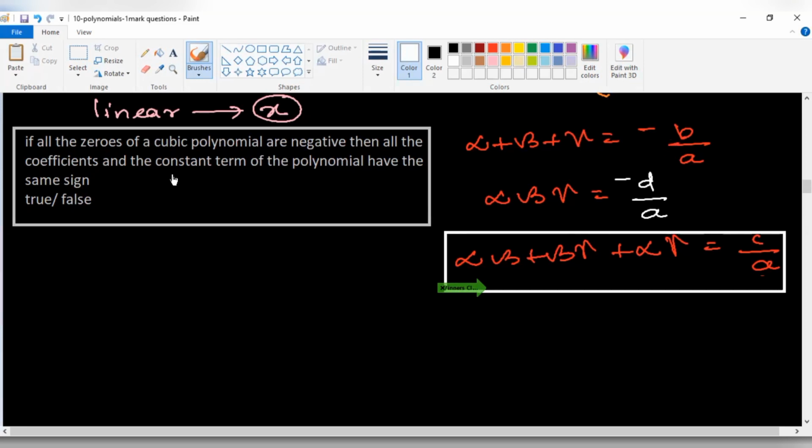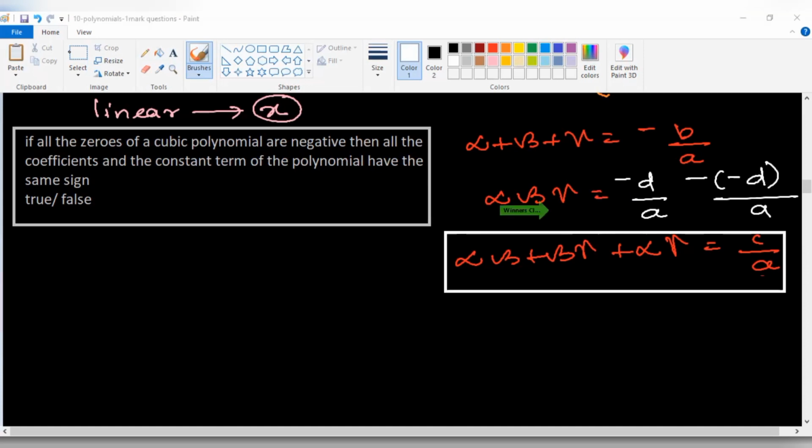That means if all of them are negative, then all the coefficients and constant terms of the polynomial have the same sign, right? Otherwise this negative term will change. Suppose d is negative and a is positive, that means this will become minus of minus d by a, which is positive.